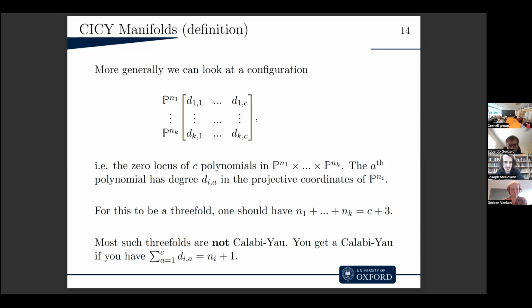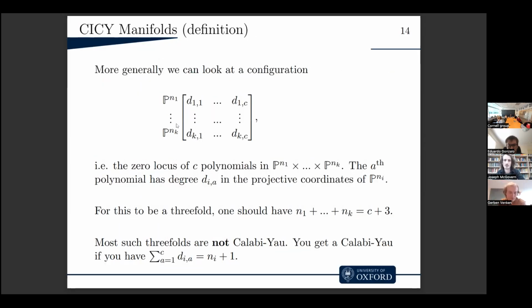Okay, so for the manifold defined by this to be a threefold, you should have this equality being true, and most matrices you write down won't be Calabi-Yau. By the adjunction formula, you'll have a Calabi-Yau when you satisfy this equality.